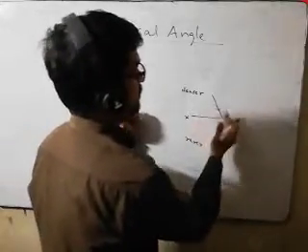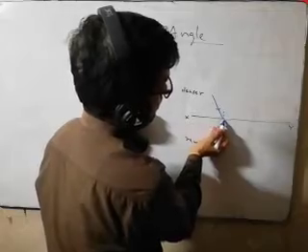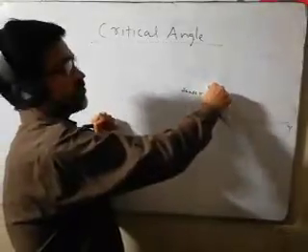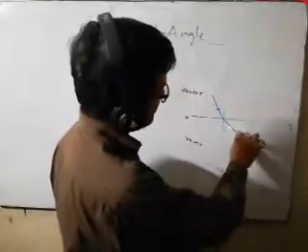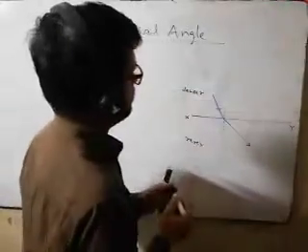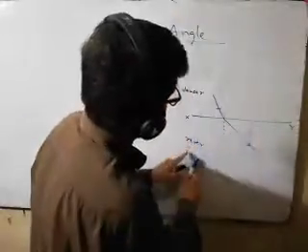This is the normal, and the light ray will bend away from the normal. So this is the incident ray and this is the refracted ray, because the light ray is moving from denser to rarer.